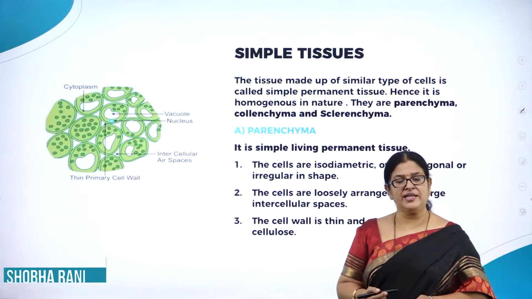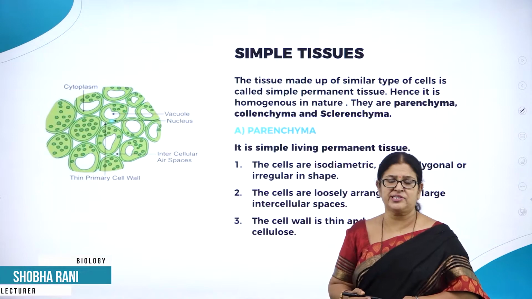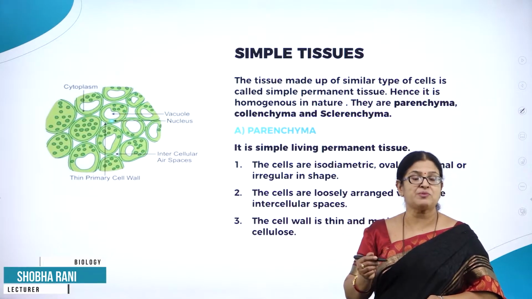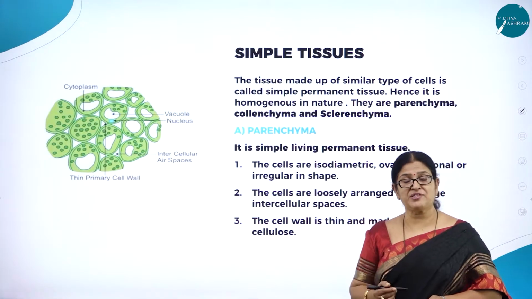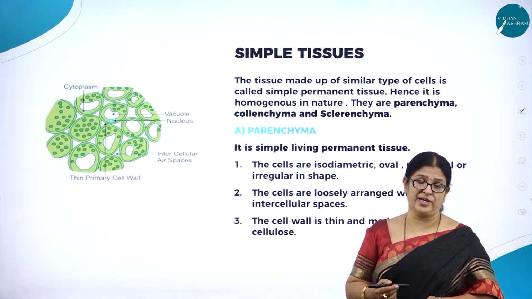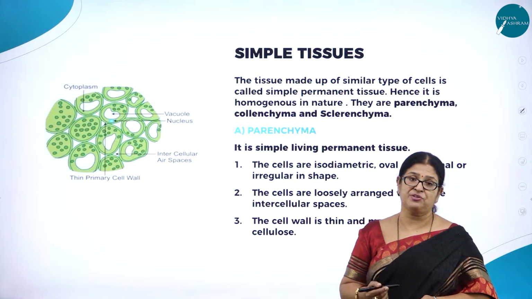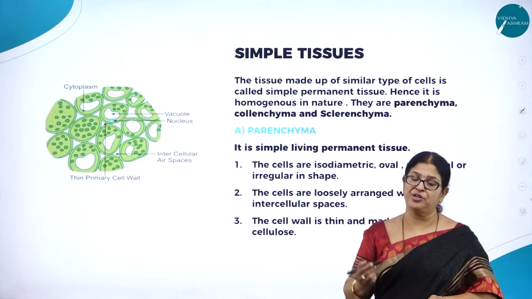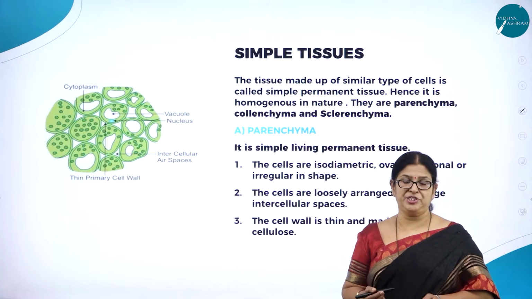What did we study in the last session of this very interesting chapter called Anatomy of Flowering Plants? We studied about the meristematic tissue, and we have studied what is histology, what is a tissue, what is an organ, then the types of classification of plant tissues. That is, the plant tissues have been broadly classified into meristematic tissue and permanent tissue.